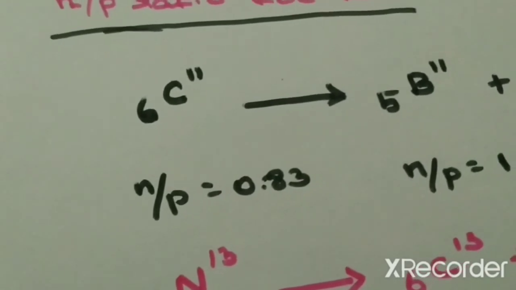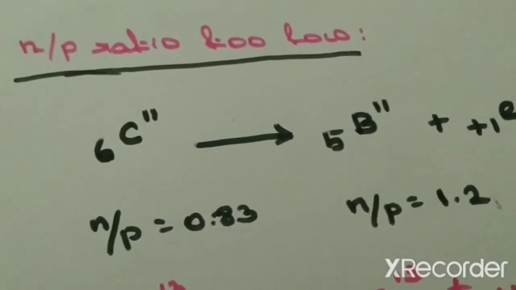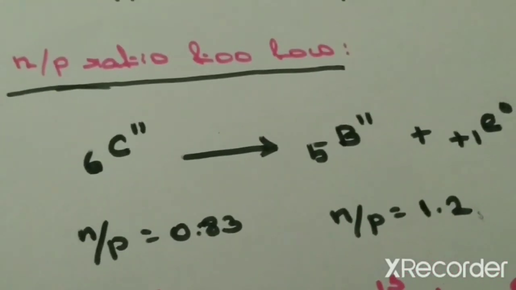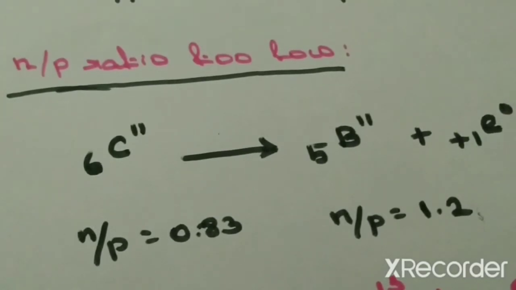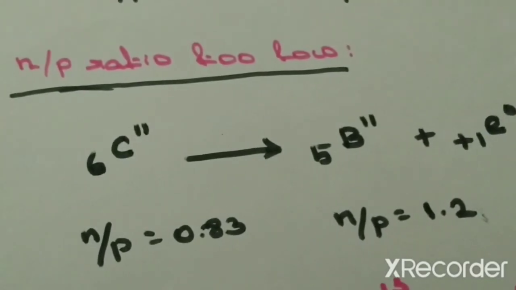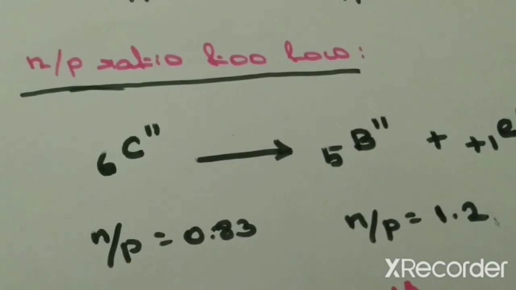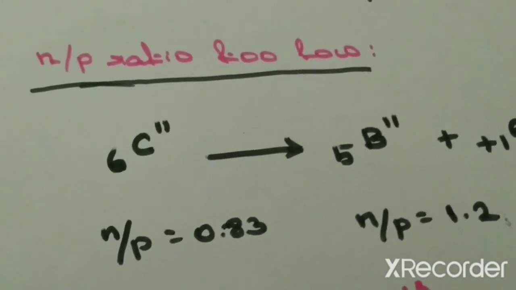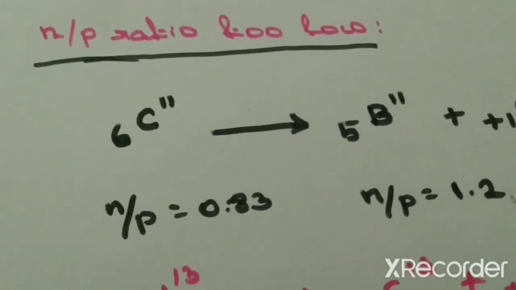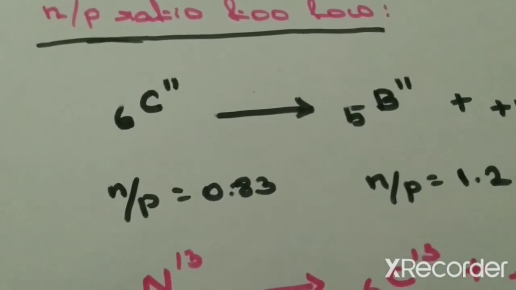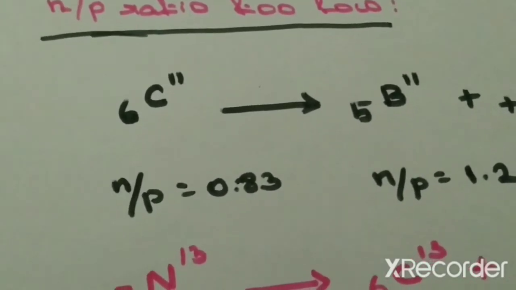0.83. That means the nucleus is unstable, and by emitting one positron, that is, plus one e zero, called a positron particle, it becomes a stable boron nucleus, and the NP ratio of boron is 1.2. So the unstable carbon becomes stable boron.